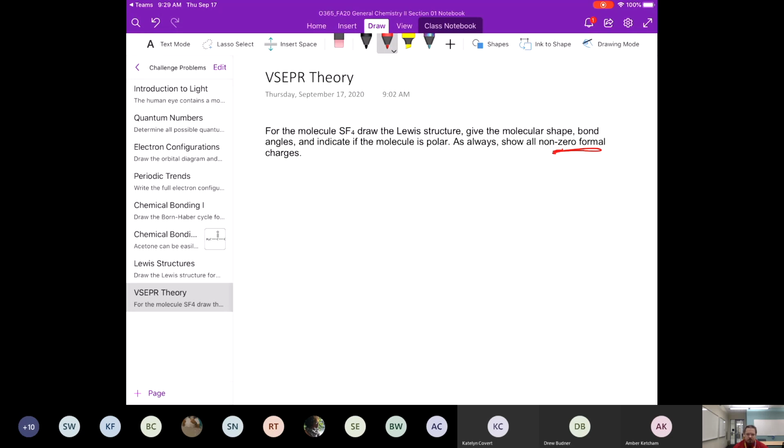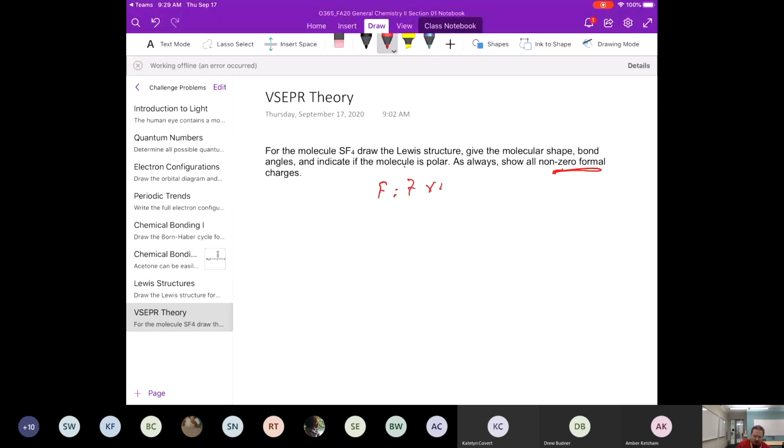Would it be 34? So each one of the fluorines has 7, and we have 4 of those. So 7 times 4 is 28. And then we have the sulfur, which has 6. So 28 plus 6 is 34 electrons.